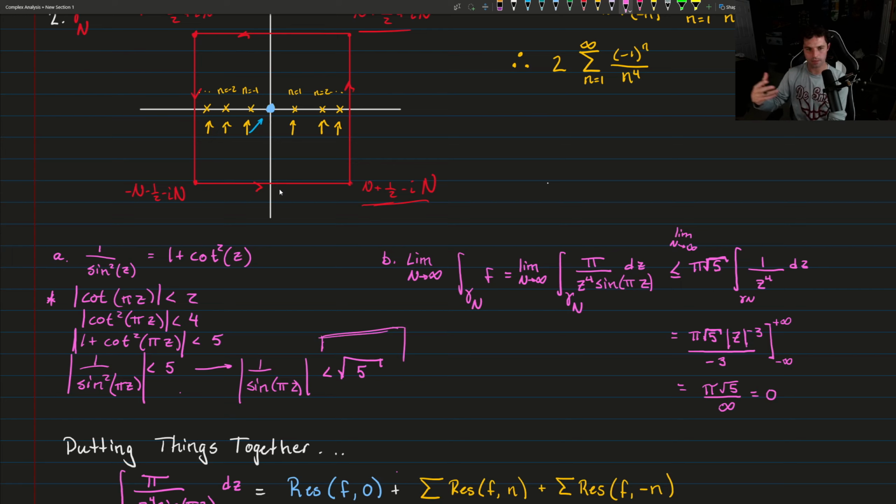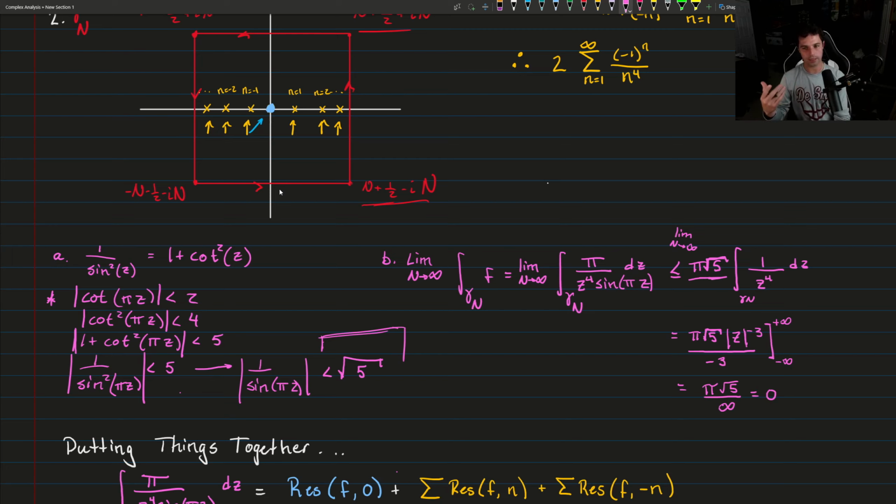Okay, and then part B says to find the limit as n approaches infinity of the integral over gamma n of f, which is the limit as n approaches infinity of the integral over gamma n of pi over z to the fourth sine of pi z dz. Now, because we bounded that function, we know that the max value of 1 over sine of pi z is going to be root 5. And then we can also bring that pi out. That's how integrals work; we can take those constants out.